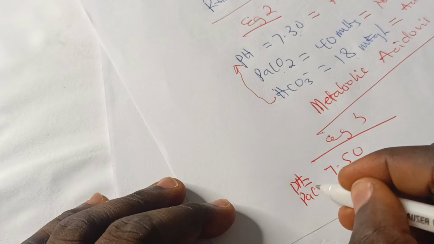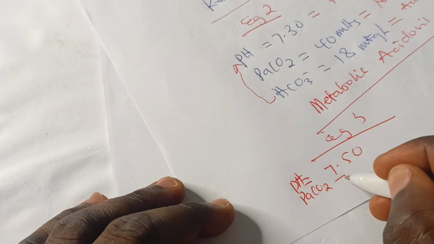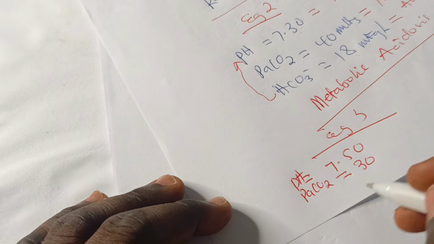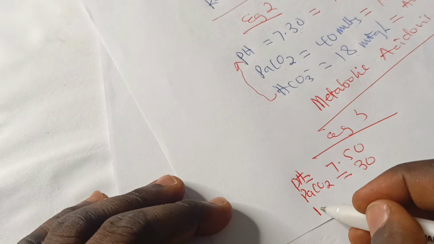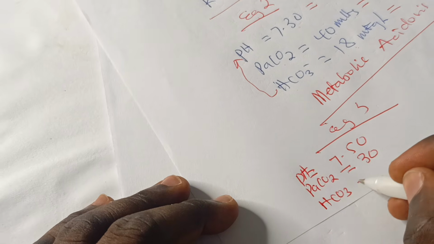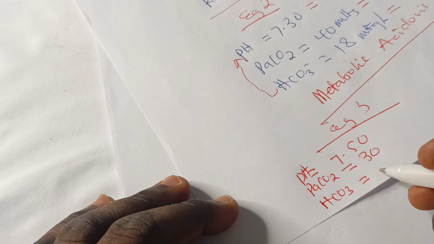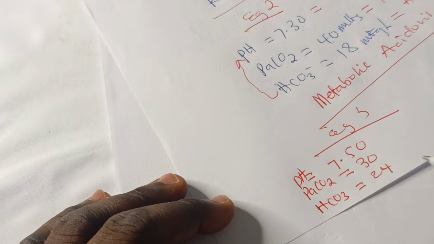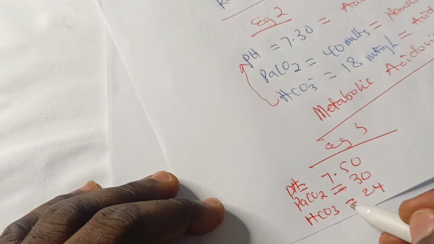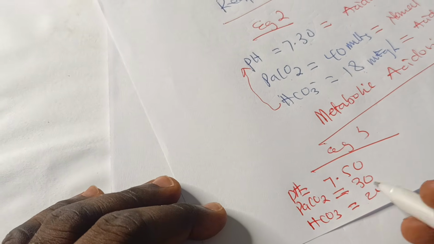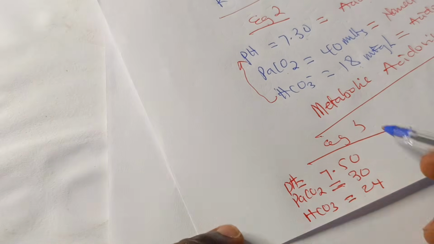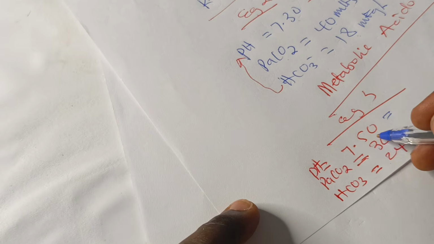Then partial pressure of CO2 is equal to 30. Then bicarbonate, let's say 24. So 7.50, then 24 and 30. So let's interpret the pH. What is it? Is it normal?